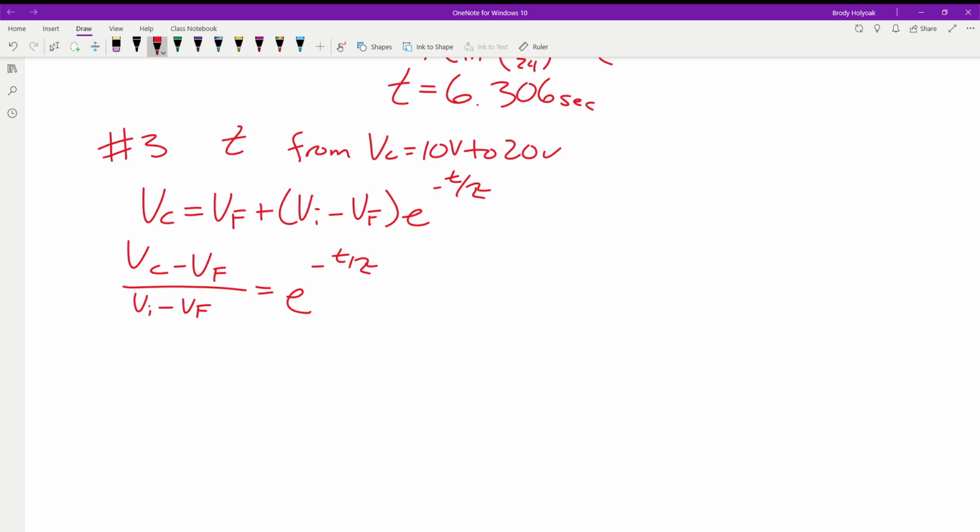And then we have our negative, so we have negative tau times the natural log of VC minus VF over V initial minus V final is equal to time. I know I skipped a bunch of steps. Wait, that's our time, the time from 10 volts to 20 volts? This is how to solve the time for any capacitor.